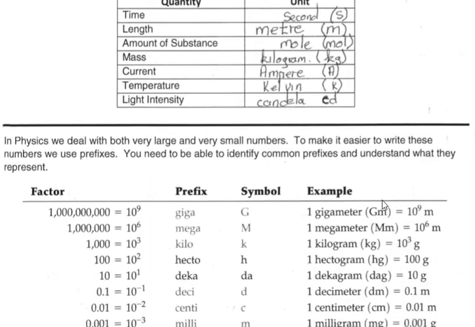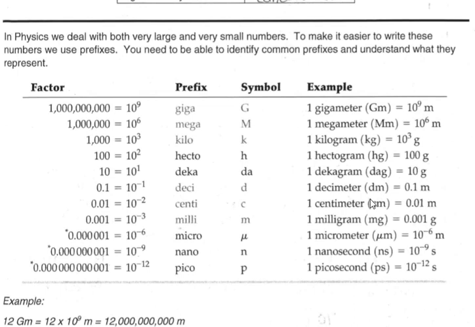So in physics we deal with both very large and very small numbers. To make it easier to write these numbers, we use prefixes, and you need to be able to identify common prefixes and understand what they represent.